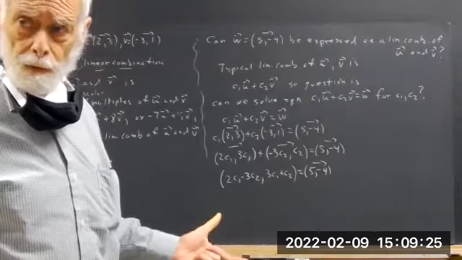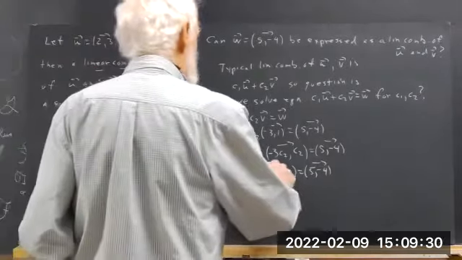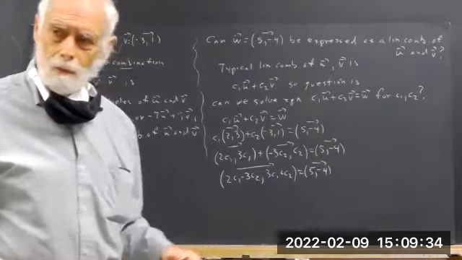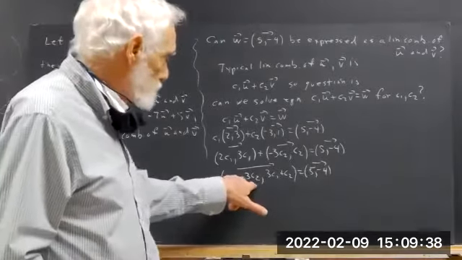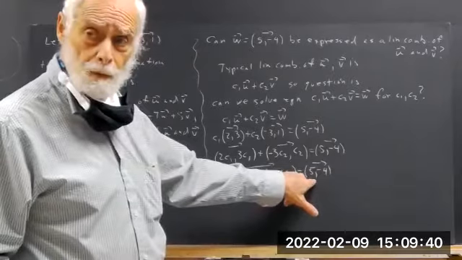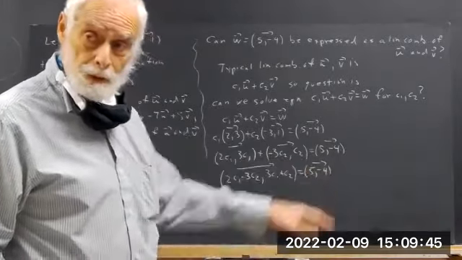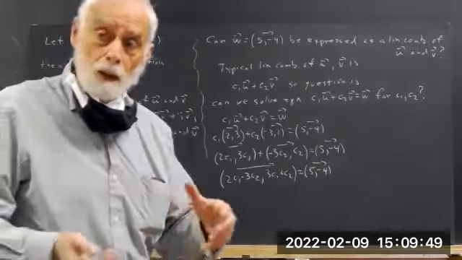So how do we solve this? These are vectors. I didn't say it before, but the only way two vectors are equal is if the first component of this one equals the first component of this one, and the second component equals the second component. In other words, component-wise, they have to be equal on every component.